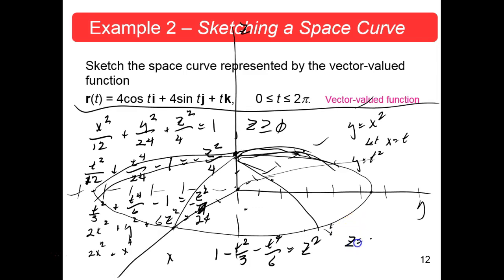So z would equal either plus or minus, I think you have to do that, the square root of 1 minus t squared over 3 minus t to the fourth over 6. I don't know, they do something like that. Then they work out common denominators and stuff like that, and you get something you can factor. And it's a real pain in the neck.